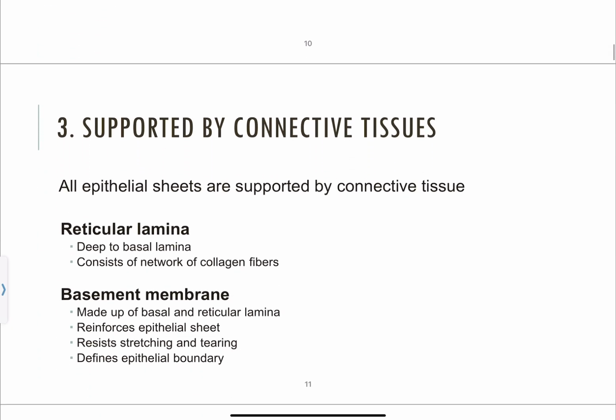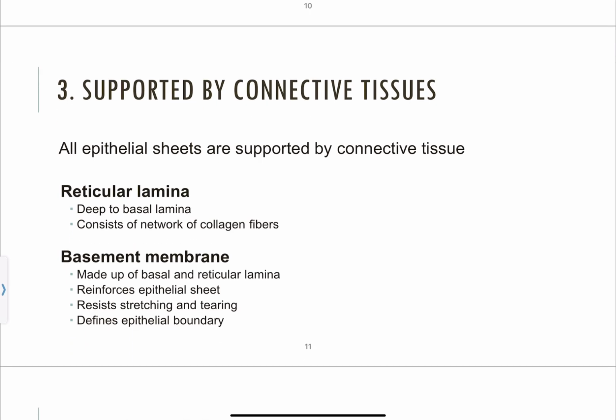The third characteristic is, like I mentioned, they're always supported by connective tissue. So underneath the basal layer will always be a layer of connective tissue, one of the different types. We already talked about the basal lamina, which is directly underneath the basal surface.